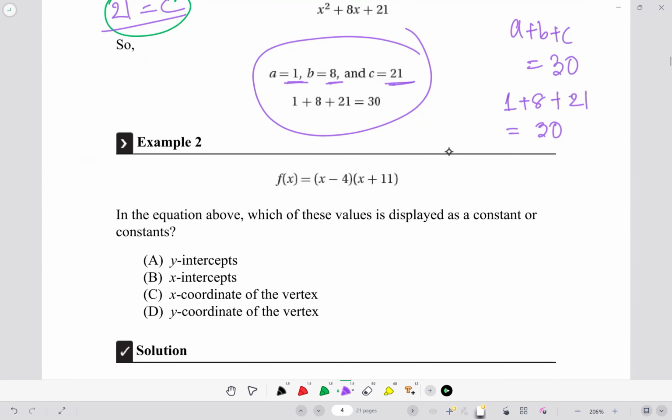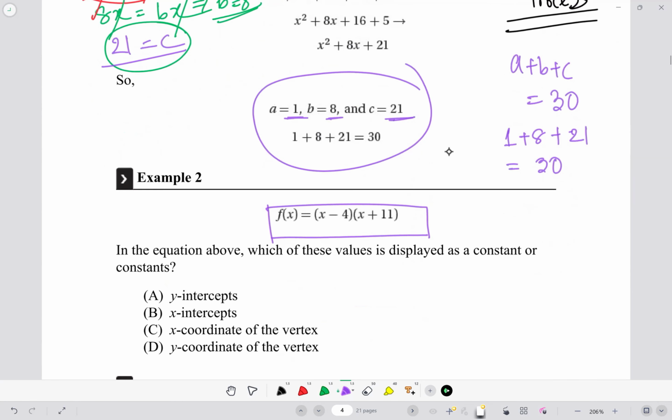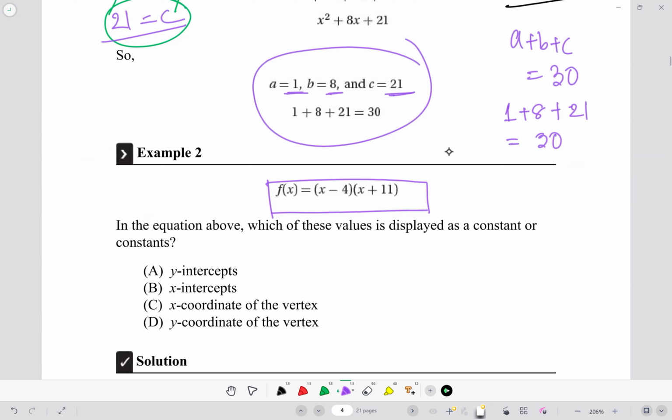Now example number 2. f of x is equal to x minus 4 multiplied by x plus 11. What are we going to do here?